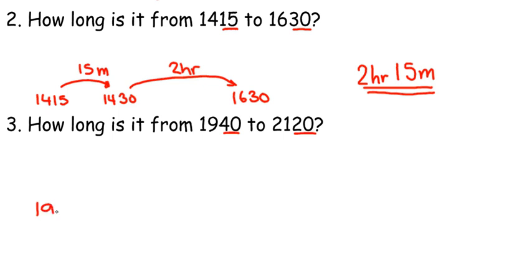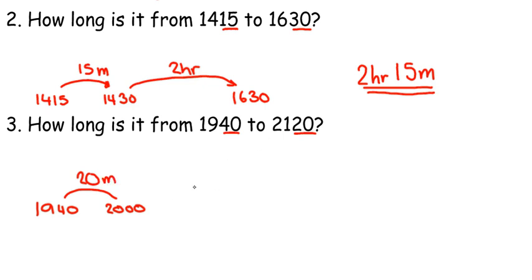If you're more confident, you could do it in 1, but there's absolutely nothing stopping you doing it in 2. So I want to go from 19:40 up to the next hour, which is up to 20:00. That's a jump of 20 minutes.